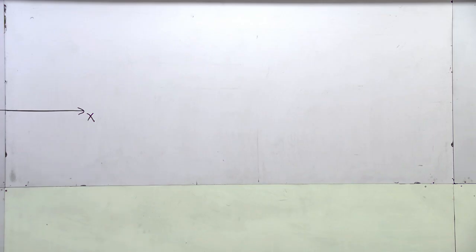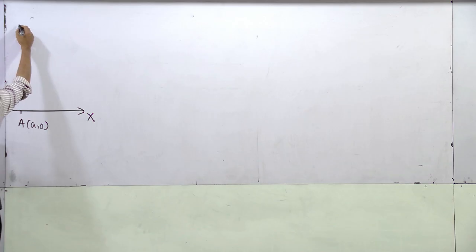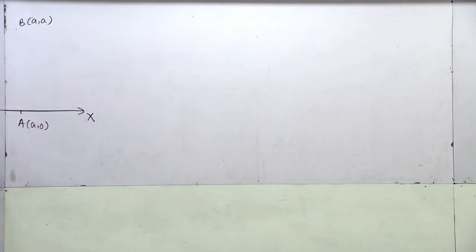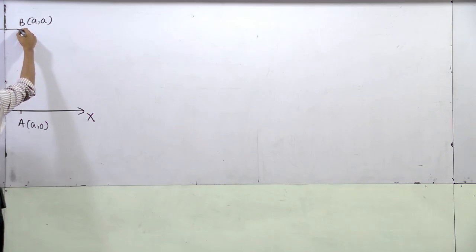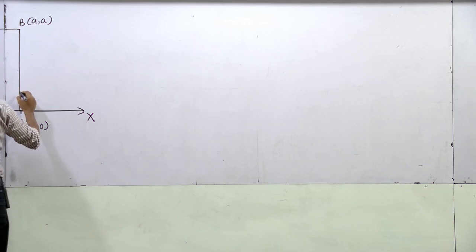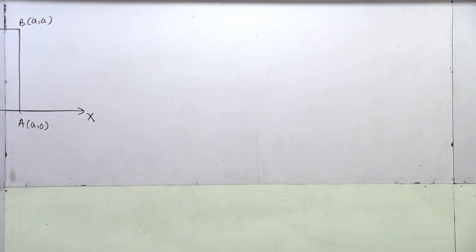Okay, point A: here we have point A, (A, 0), point B, (A, A), point C, (0, A). This way, right?